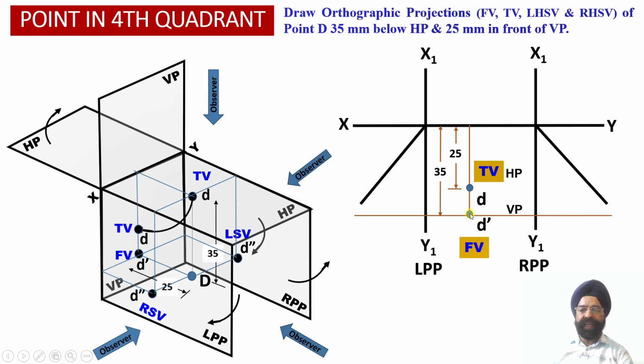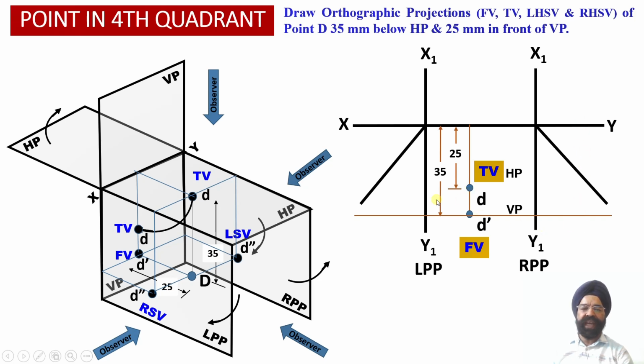So through point D dash we have drawn a horizontal projector line onto which we are going to locate point D double dash onto the left profile plane and the right profile plane, so that the distance of the side view projection below the XY reference line will be equal to 35 millimeter on the left hand side as well as on the right hand side.